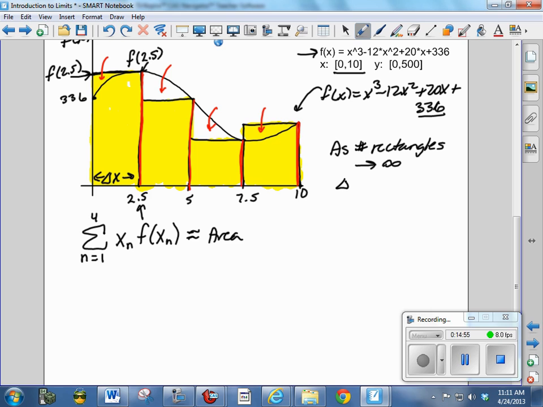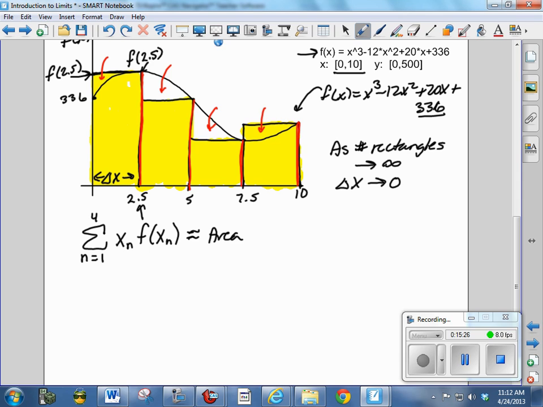So basically we're going to create a bunch of rectangles whose base is closer and closer to 0 and whose height equals the height of the function. And as that little value delta x goes to 0, that sum is going to get closer and closer to the actual area under the curve.